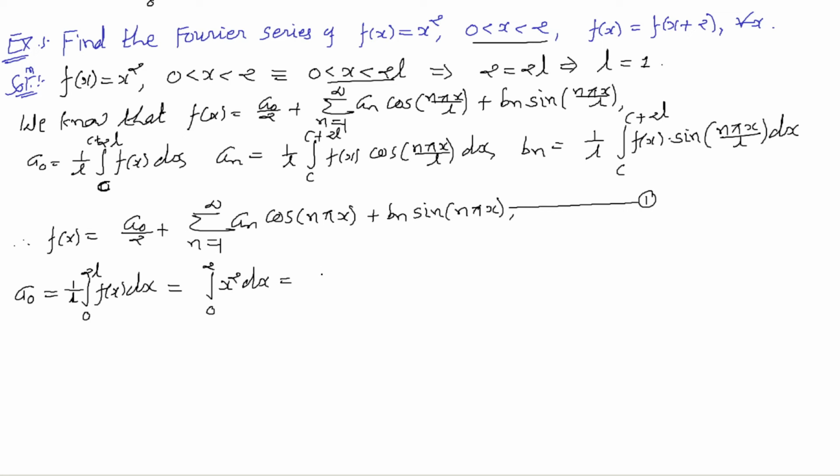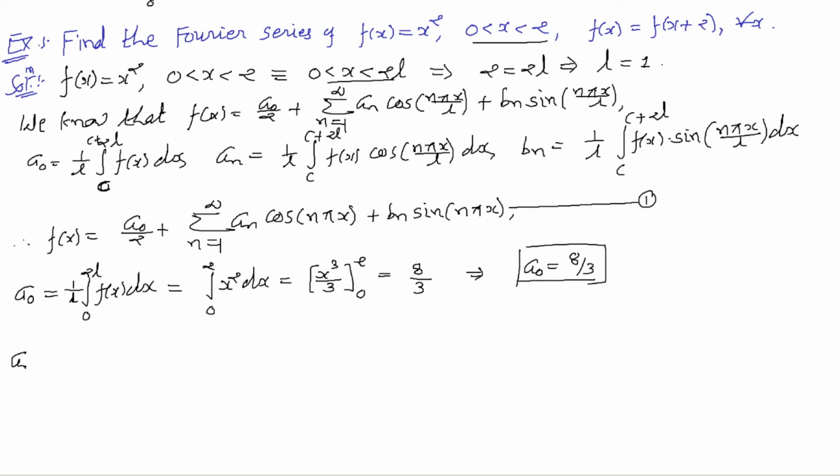What is the integration? X cube by 3. The lower limit is 0, upper limit is 2, and so this is 2 cube is 8 upon 3. This is the value of a0. a0 is equal to 8 upon 3.